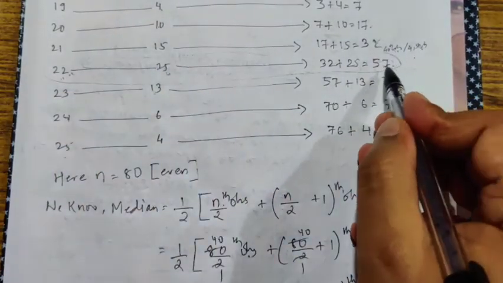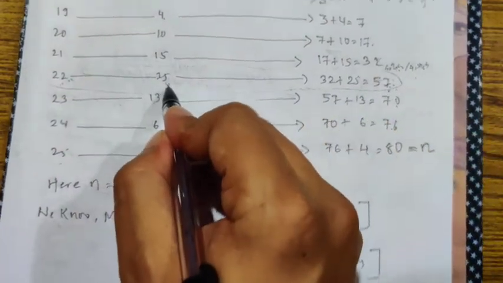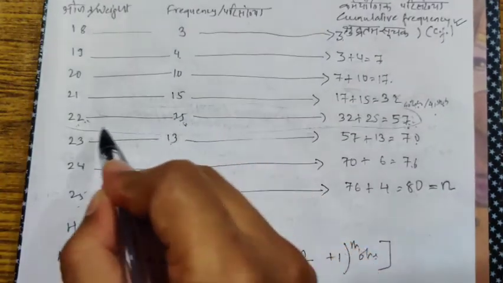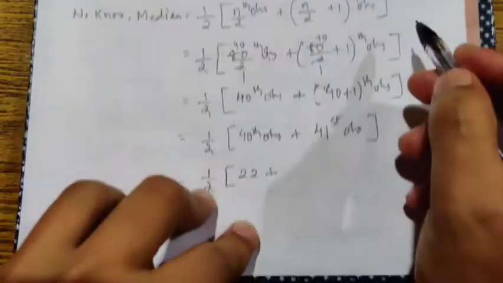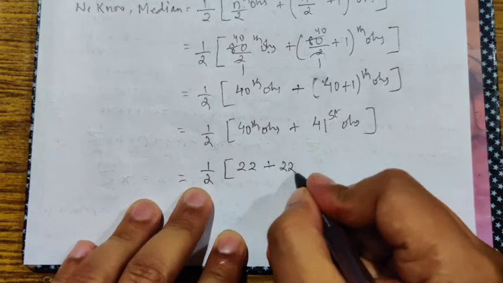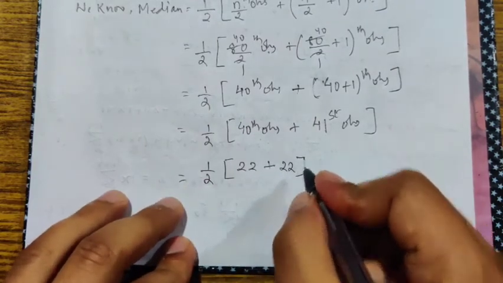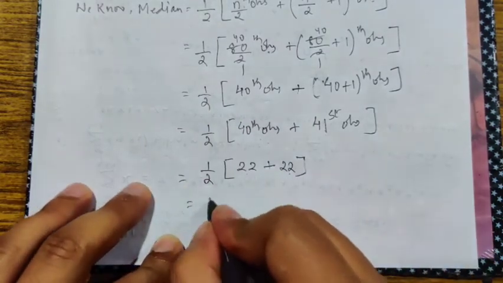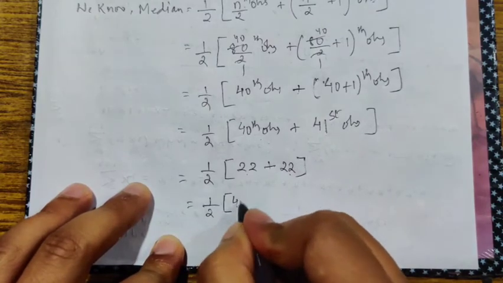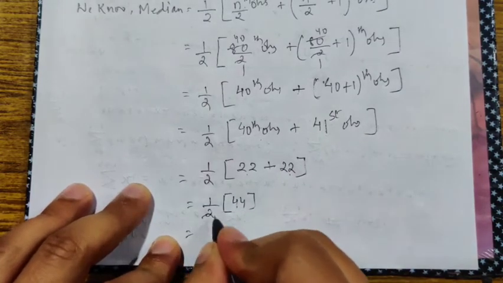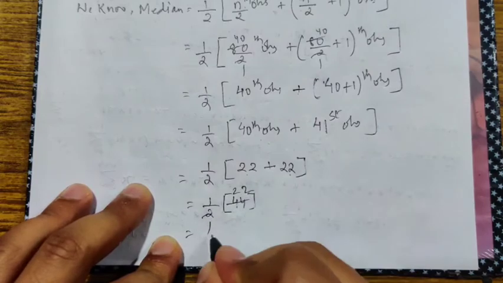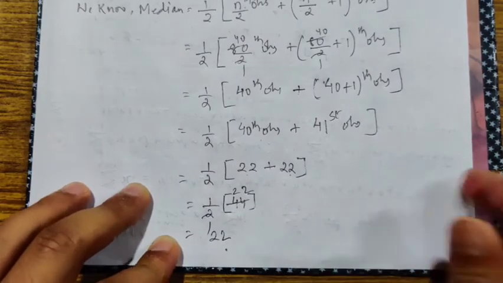So what is our 41st observation? Don't confuse yourself with frequency. You have to go to this value. How much? 22. So our 41st observation is also 22. Now these are values. So 22 plus 22, if you add, you'll get 44. 2 into 1 time, 2 into 2 time, 22. So our median is 22.